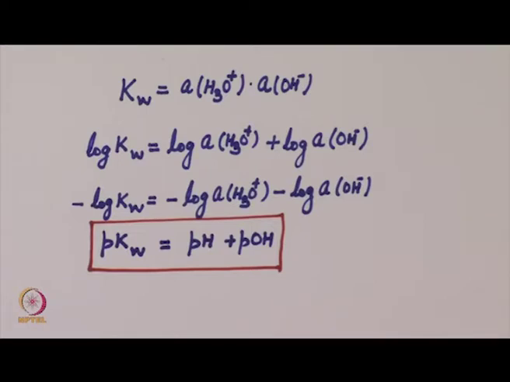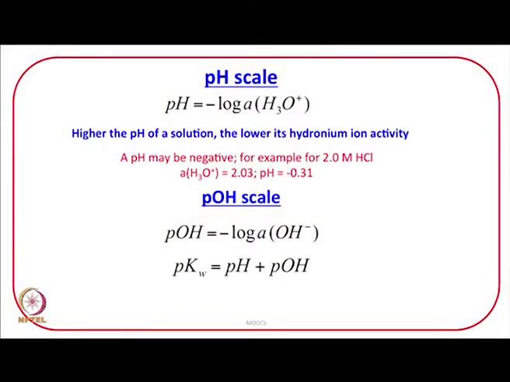Let us go to the slide. Since Kw at a given temperature is constant, that means pKw is constant. If the left hand side is constant, that means if the pH of a solution goes up, the pOH has to go down to keep the sum constant.